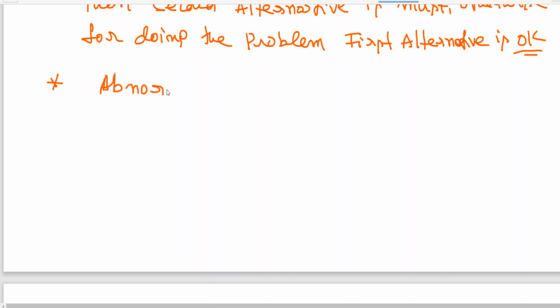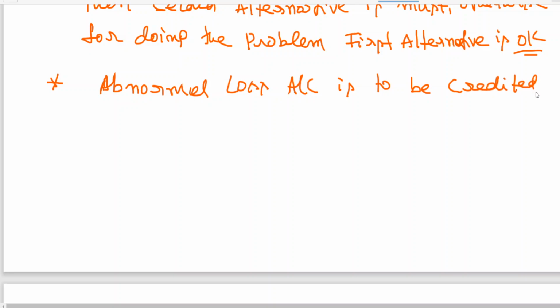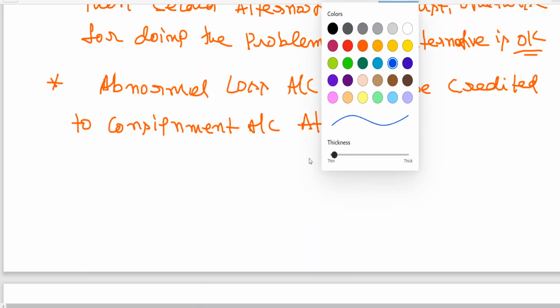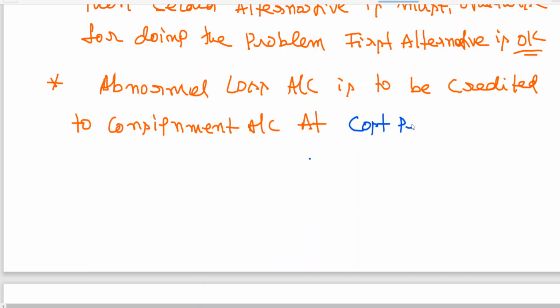Abnormal loss account is to be credited to consignment account at cost price only.